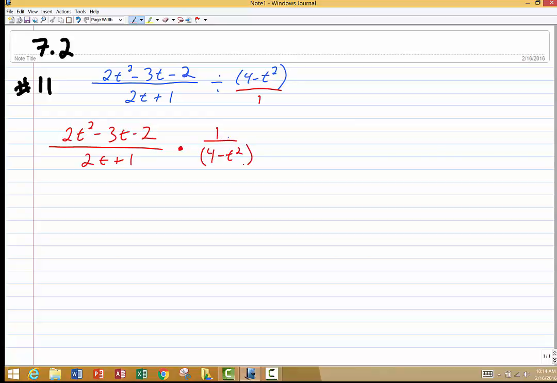So I have that. Now, before I evaluate it any further, I want to see if I can factor anything out. The top expression gets factored down using my technique.